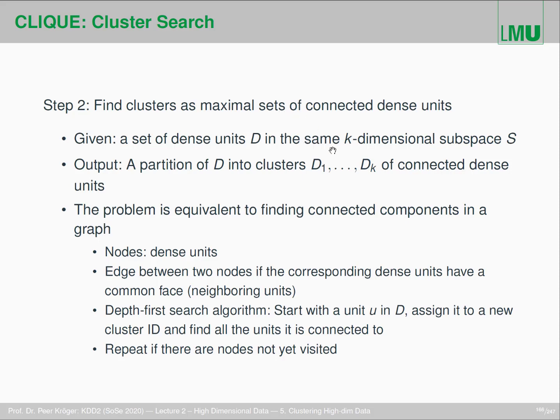So we need to find those dense units that are connected, and the authors propose to represent this problem as finding connected components in a graph where the nodes are the dense units and there is an edge between two dense units if those two nodes have a common face, so they are neighboring actually, and then they use a depth-first search algorithm to find those connected components in this graph here.